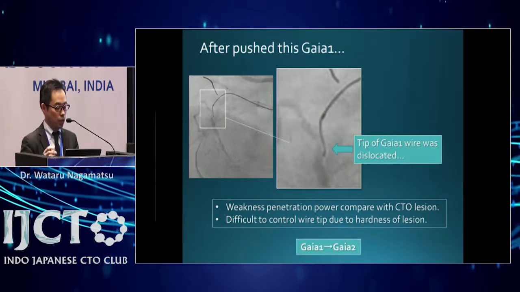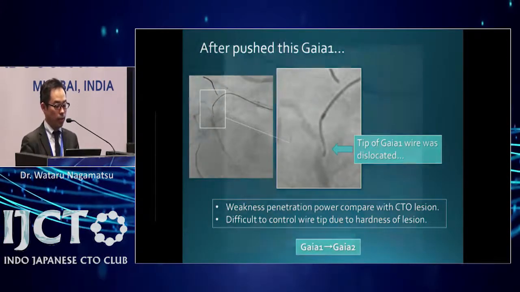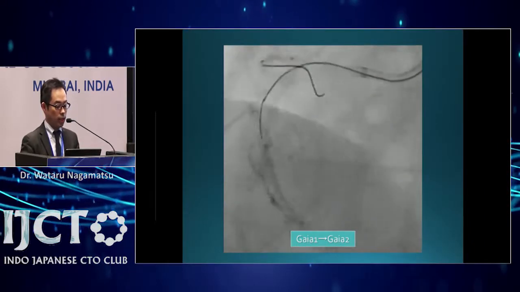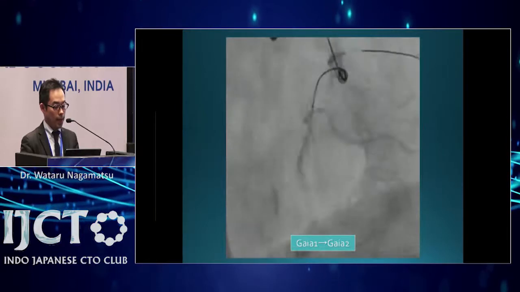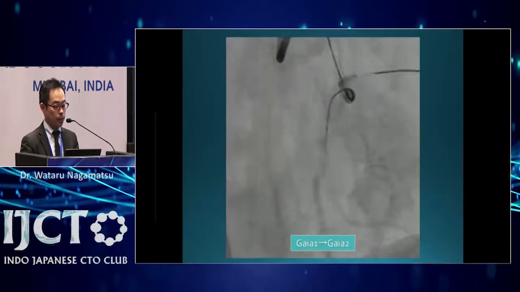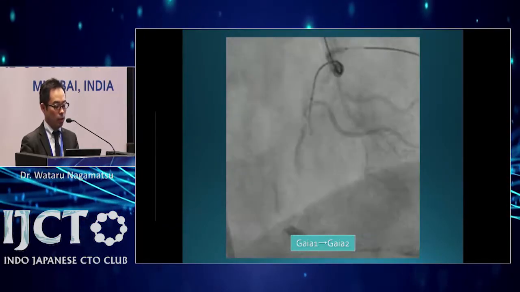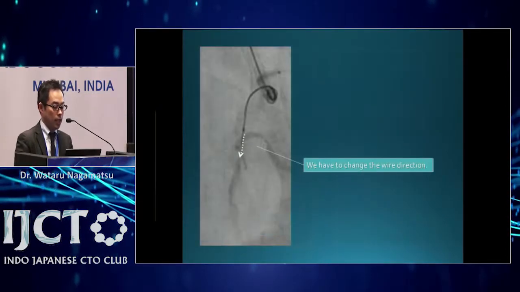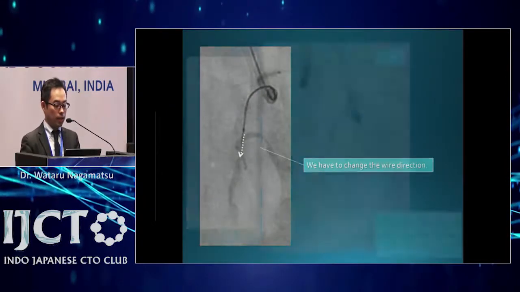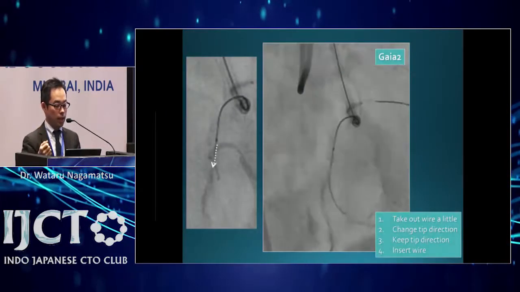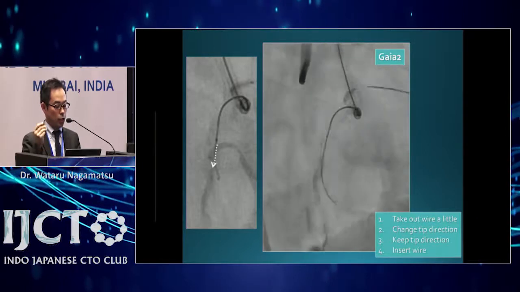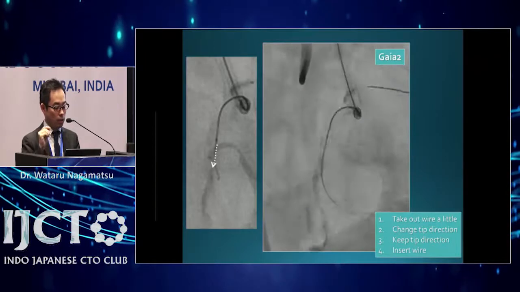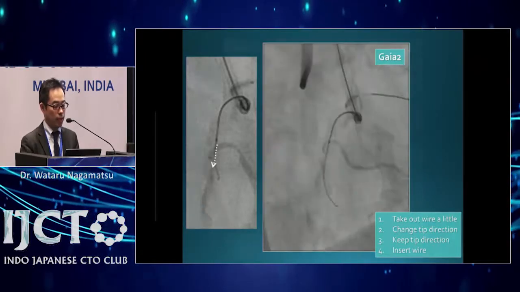So this time we should escalate the guide wire. I escalated from the Gaia First wire to the Gaia Second wire. This is a lateral view. From the aerial view it looks overlapped, but in the other view it is a little bit dislocated. So I pulled back a little, changed the direction using the aerial view and the insertion, kept the tip direction, and it automatically advanced to the true lumen like this.